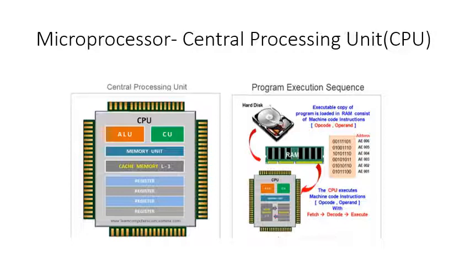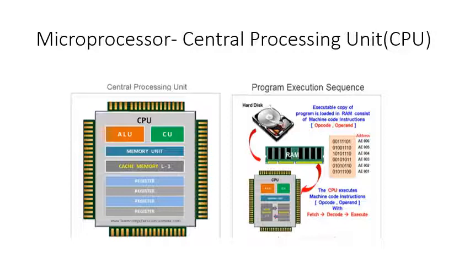The main function of the CPU is to execute the computer program. The CPU executes the program by fetching program instructions one by one from the main memory. Main memory is nothing but random access memory, that is RAM.